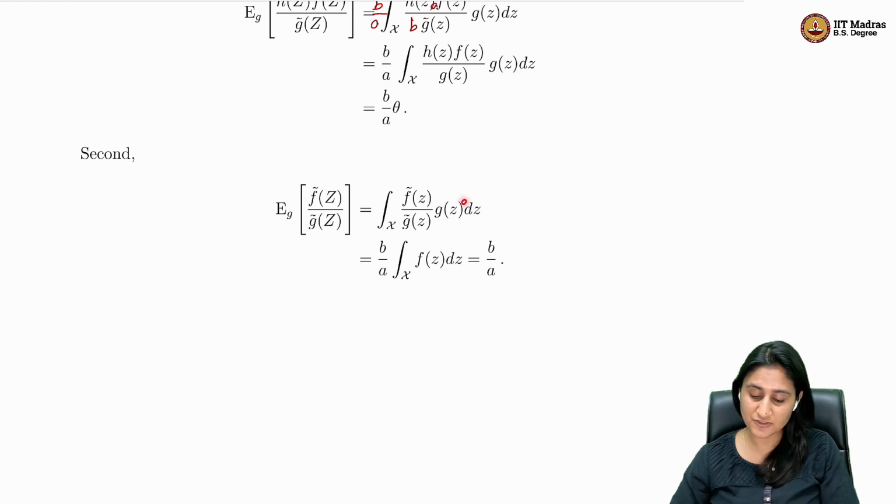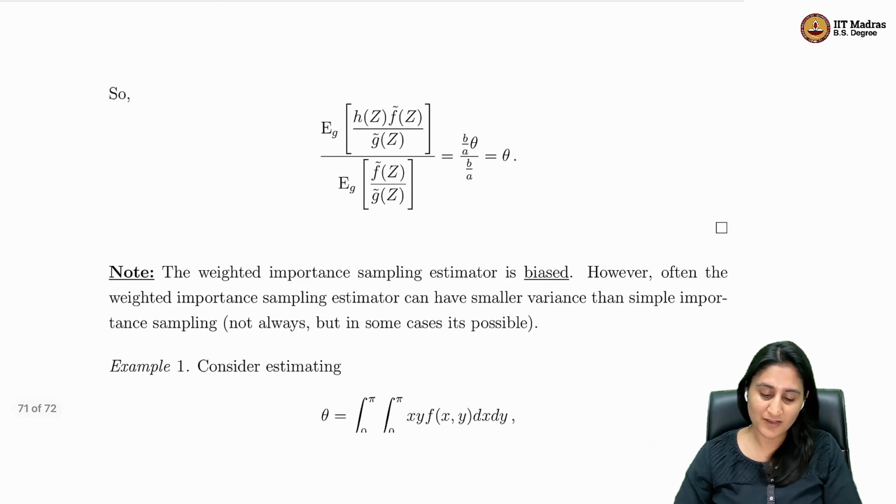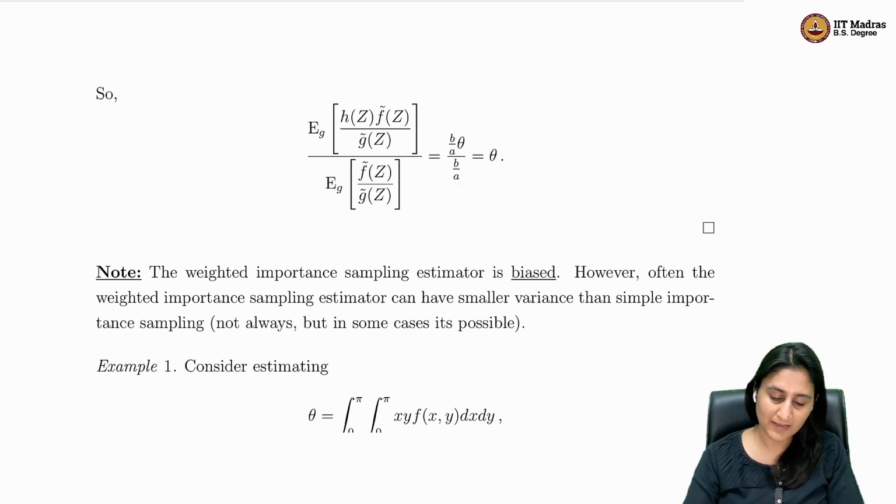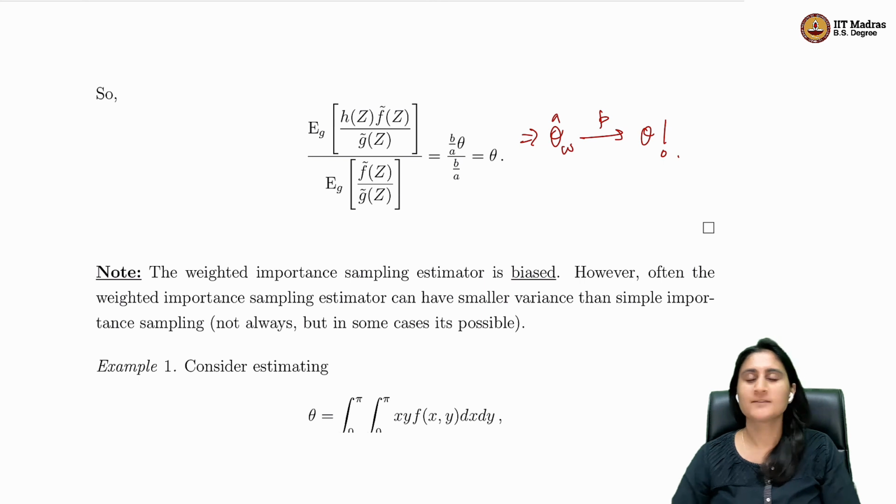Then finally that g and g will get cancelled, and I'll get b by integral of f z dz. But because this is a density, this whole thing is 1, so I just get b by a. So that's great. So I've gotten b by a, and so this ratio turns out to be b by a times theta divided by b by a, which is exactly theta. So I get that theta hat w converges in probability to theta. Okay.